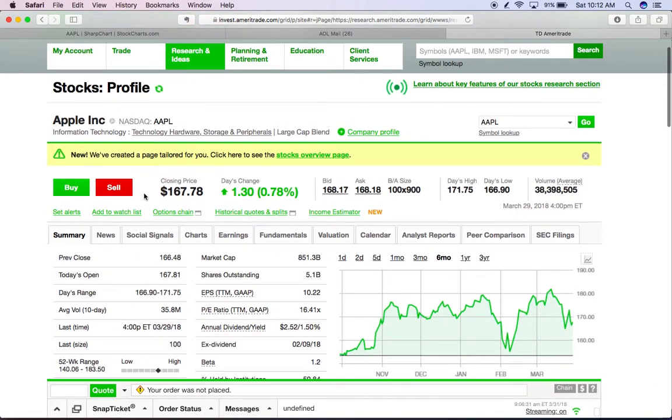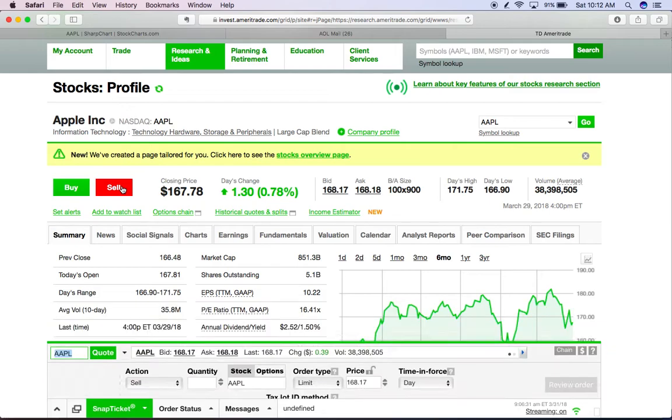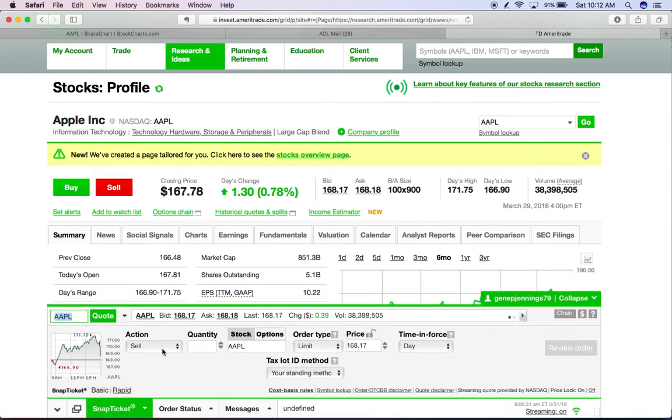Now let's say you have Apple, or you bought it and you want to sell it. Then you would hit the sell button. It automatically pops up sell one Apple. There's a symbol limit. Let's say you want to sell it at 177.50, like the example we talked about. That's your target. You want to change this from day to good till cancel, so that way it's going to be up and running for the few days.